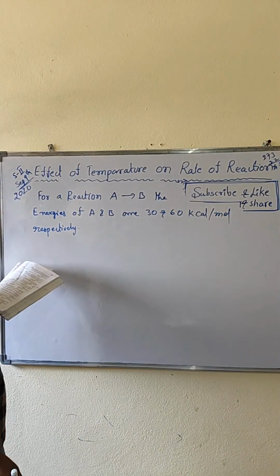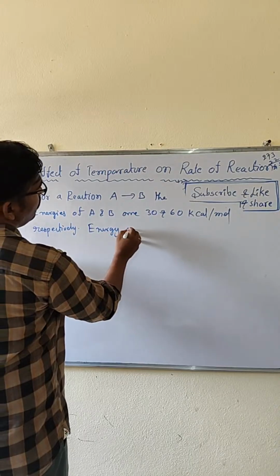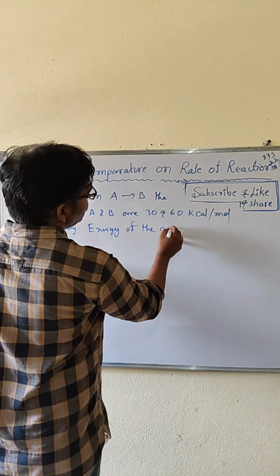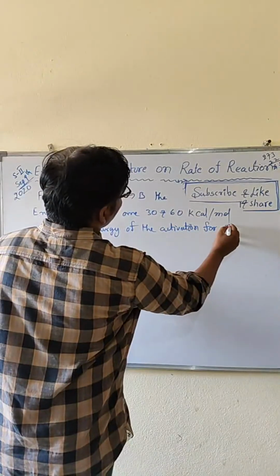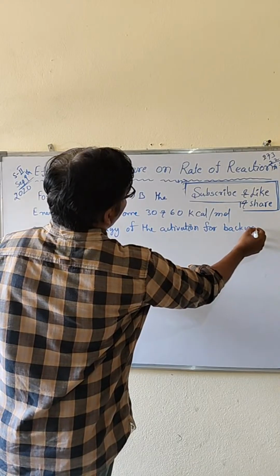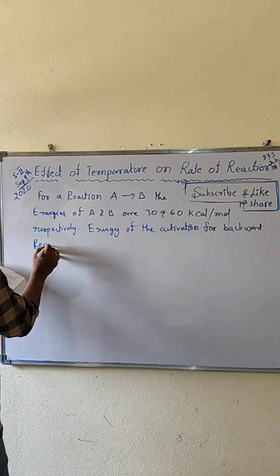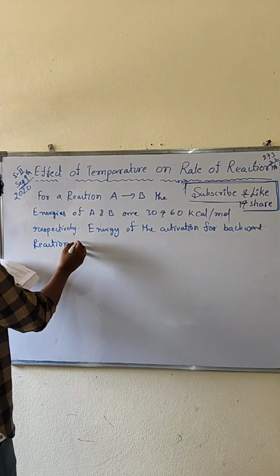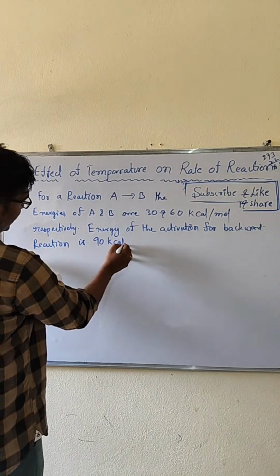The energy of activation for the backward reaction is 90 kilocalories per mole.